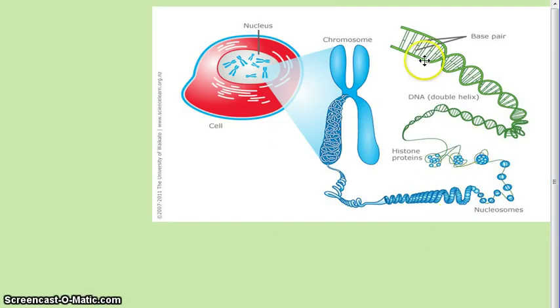So in this picture here, we see our DNA again. Remember, individual pieces of this DNA would be called a gene. But this diagram focuses more on the idea of a chromosome. So what is a chromosome? A chromosome is the DNA that ends up getting coiled up. Now, it needs to be coiled up because, as I said before, it's very long.